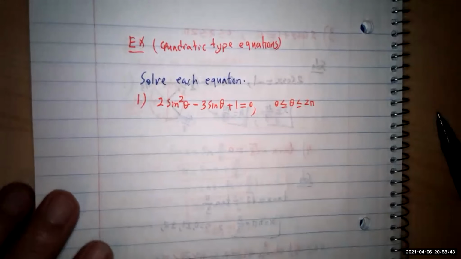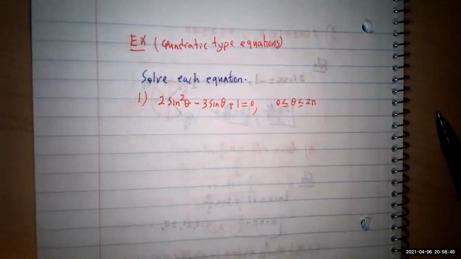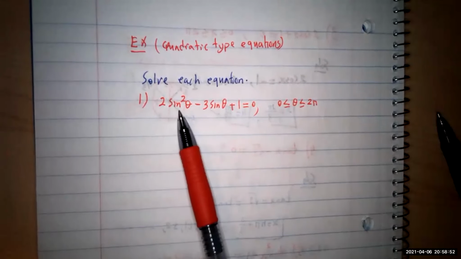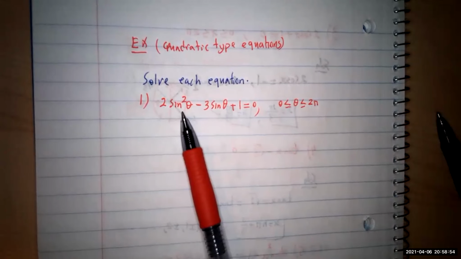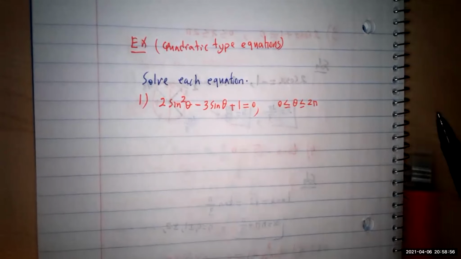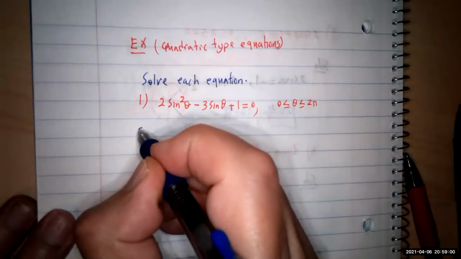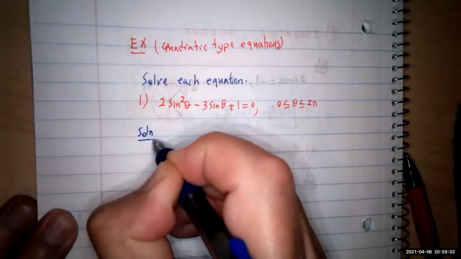We want to solve it. Now let's see why we call it quadratic. If you suppose sine of theta is something, you can call it u if you like. I write it down, but in practice, we do it in short form.